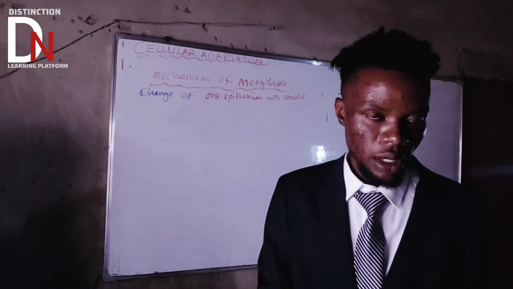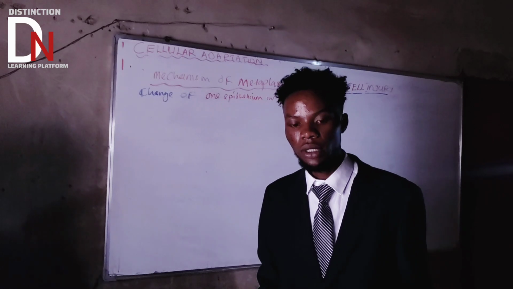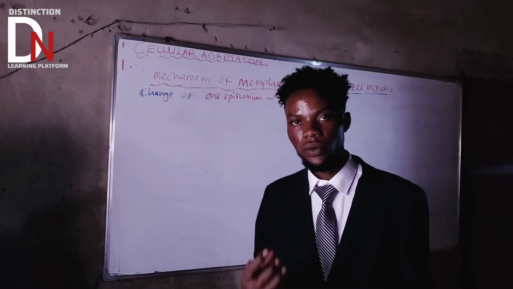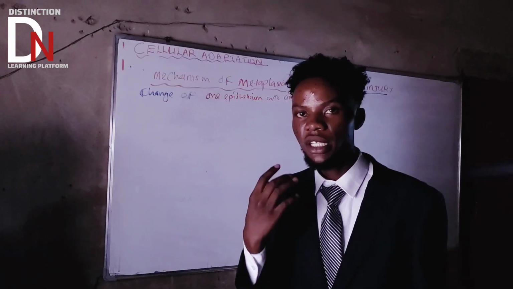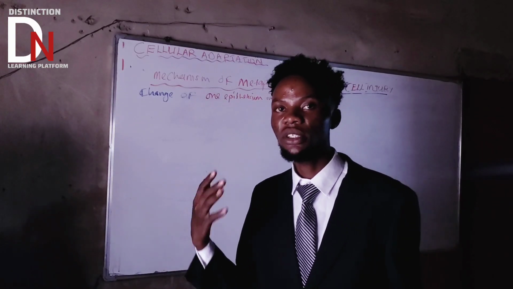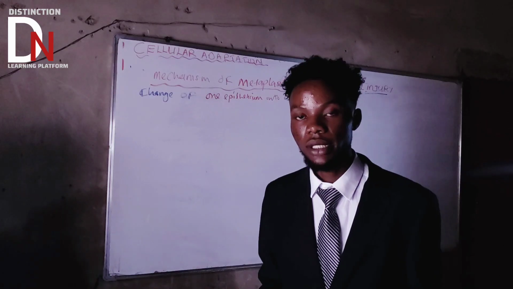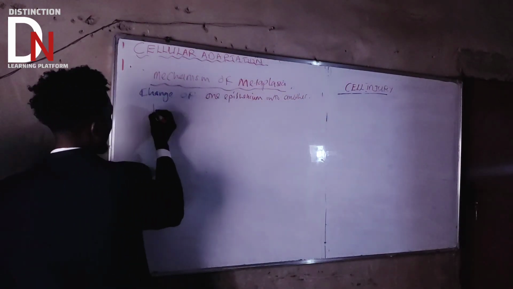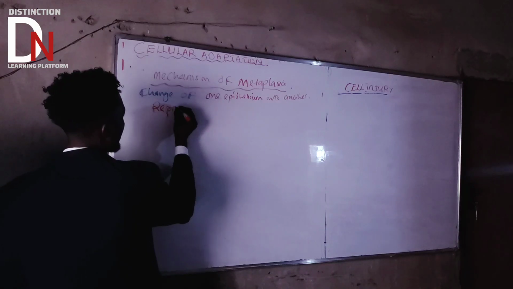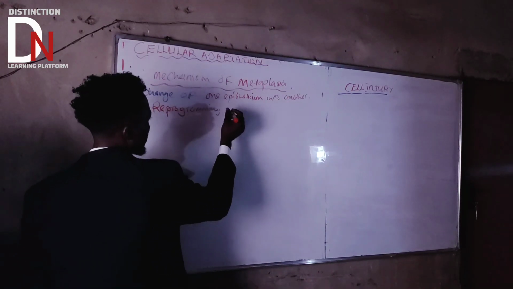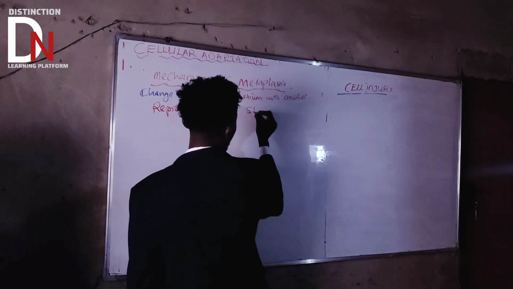Maybe in Barrett esophagus, as we talked about, or the chronic irritation of the respiratory tract. Those are the causes or stimuli for why stem cells have to reprogram themselves to differentiate into another adult cell. So what's the first thing? We are saying reprogramming of what?